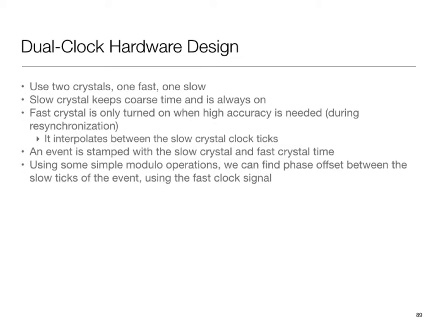A second thing you can do is that you don't even have to wake up a priori. Let's imagine that your task is that whenever an asynchronous event comes, you want good timestamping of it. You want to attach a good timestamp to it.